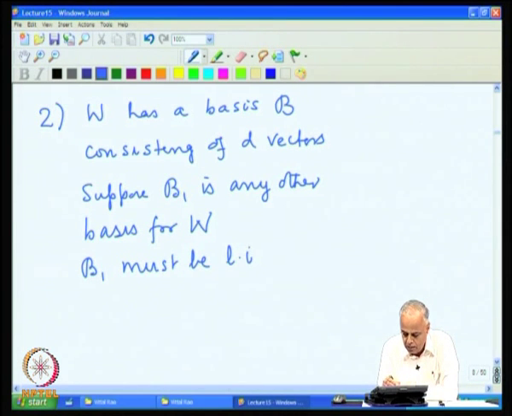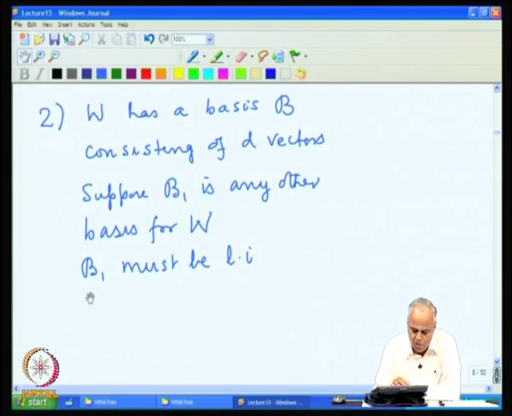then B1 must be linearly independent, because any basis must be a linearly independent set. However, since B is a basis consisting of d vectors, we have seen just now that any set consisting of d plus 1 or more vectors must be linearly dependent.